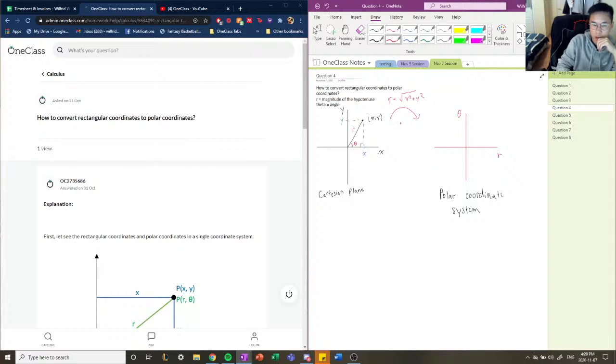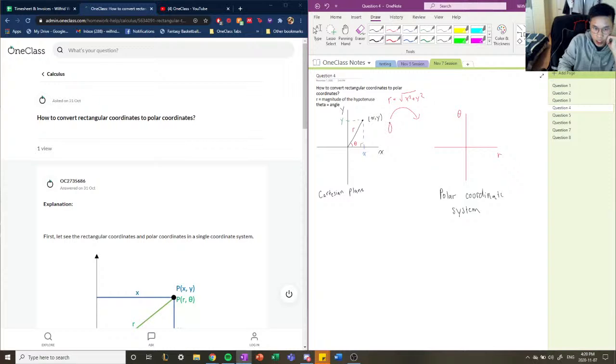What about the angle, right? What about this angle? If you remember your sine, cosine, and tangent, SOHCAHTOA, sine is opposite over hypotenuse, cosine is adjacent over hypotenuse, and tangent is opposite over adjacent. So we're given the opposite, which is y, and the adjacent, which is x.